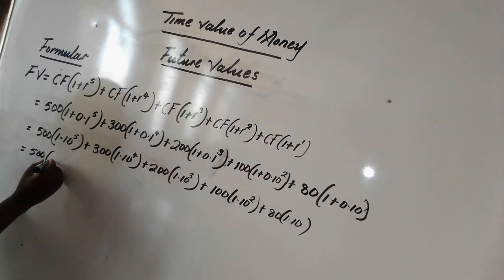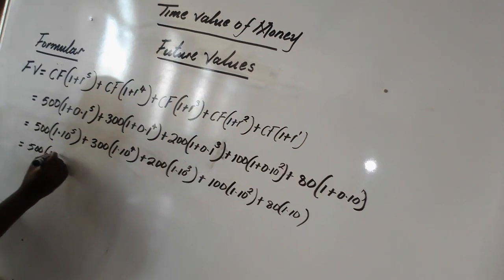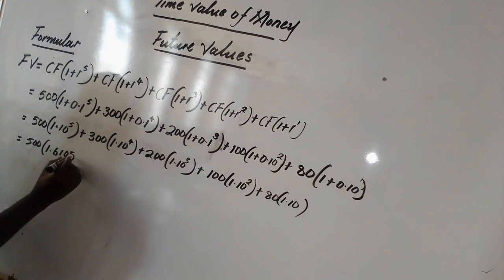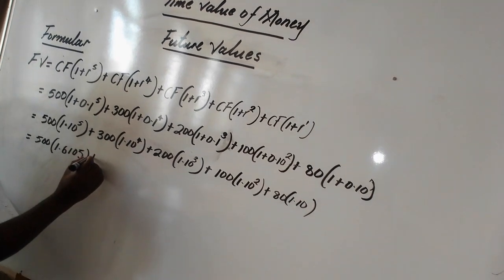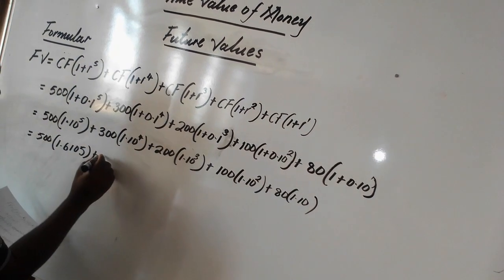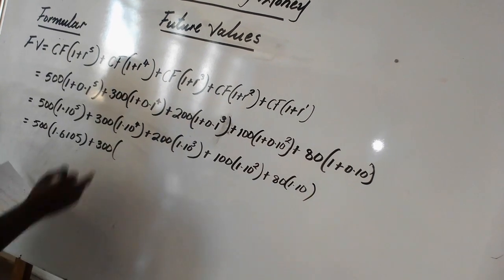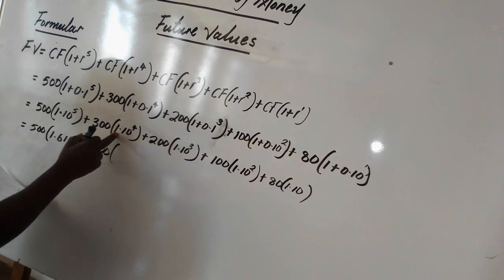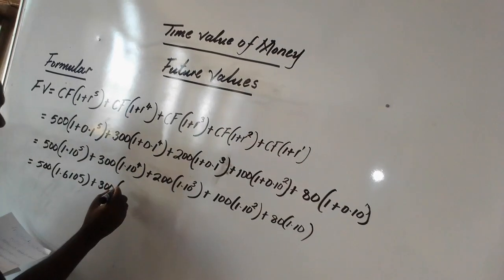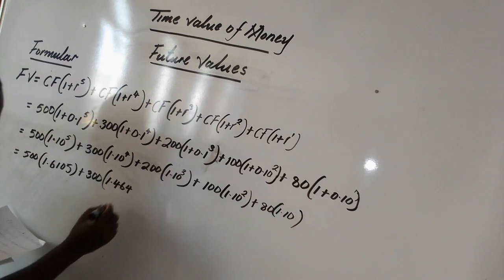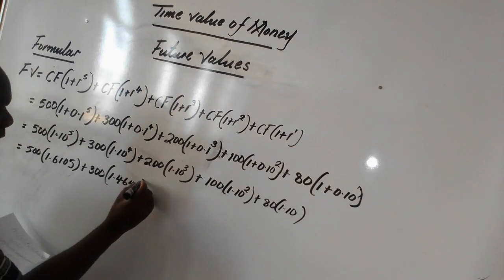1.6105, with the 500. Plus the 300; you raise 1.1 to power 4, and it will be 1.4641.